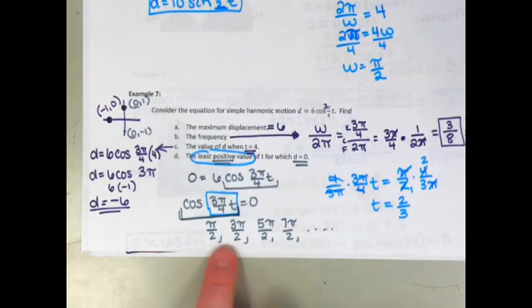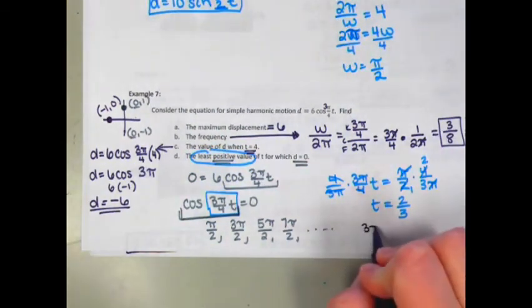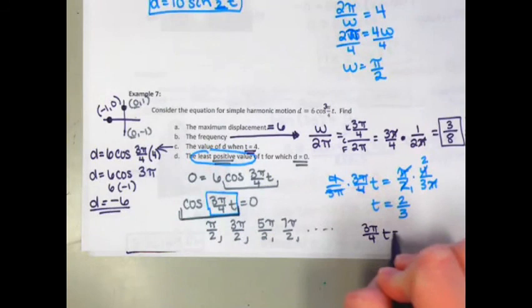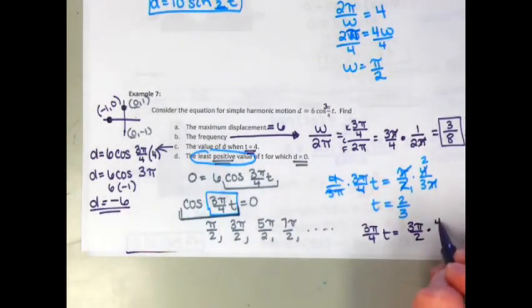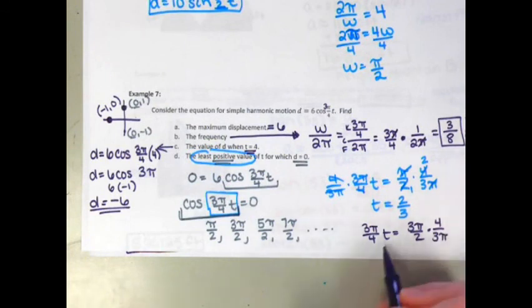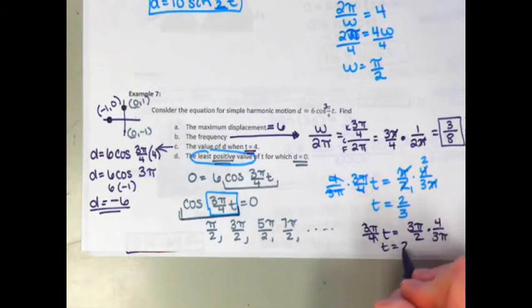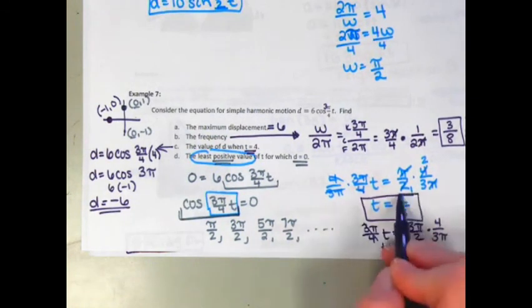Okay. Now let's check the next one just to see if 2/3 is the smallest. Let's plug in 3 pi over 2. So 3 pi over 4 times t equals 3 pi over 2. Again, we're going to multiply by 4 over 3 pi. What do we get for t here? Just 2. So isn't 2/3 my smallest value?